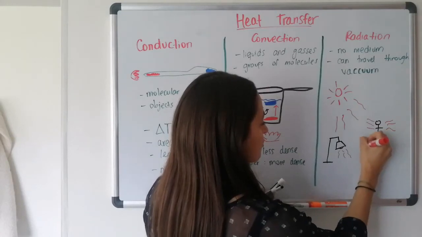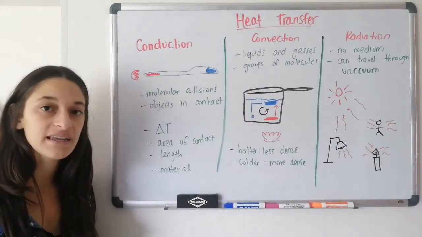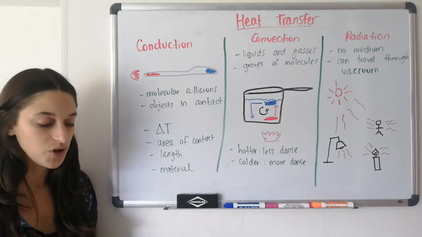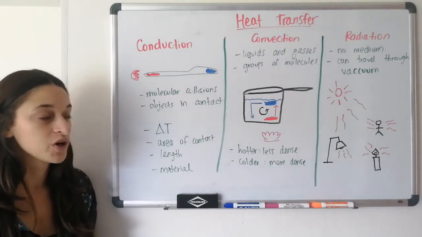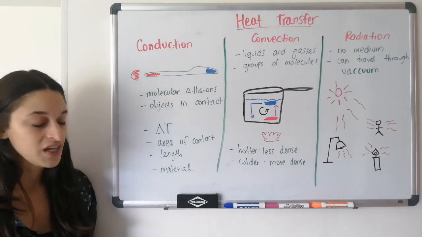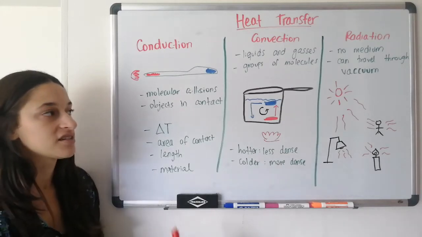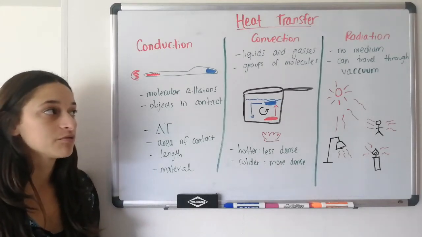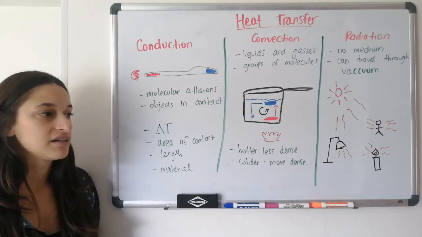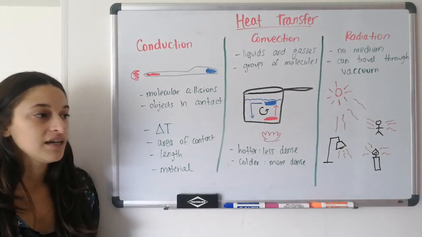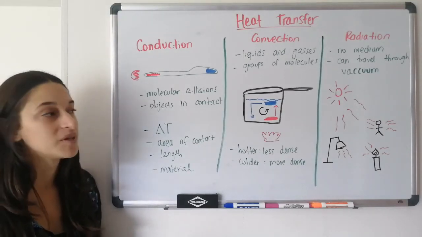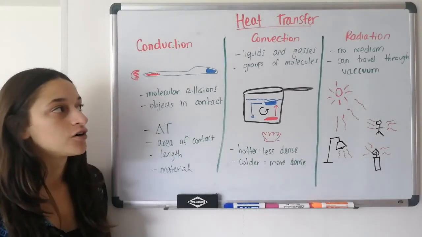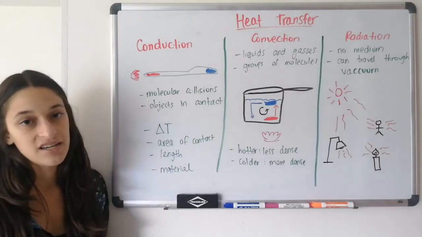So all of this, and actually everything, is always radiating heat and absorbing it. So we're always absorbing heat from anything that is warmer than us. And the point of radiation is that it doesn't require any medium to travel by, and that is why light is the most common example of heat transferred by radiation.